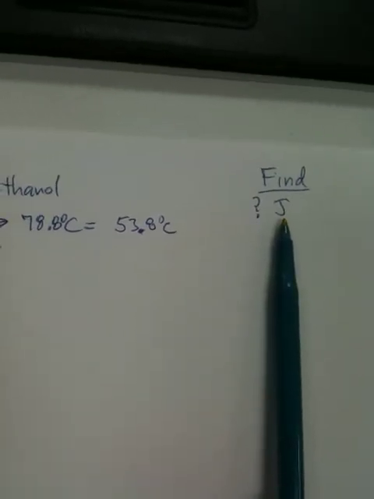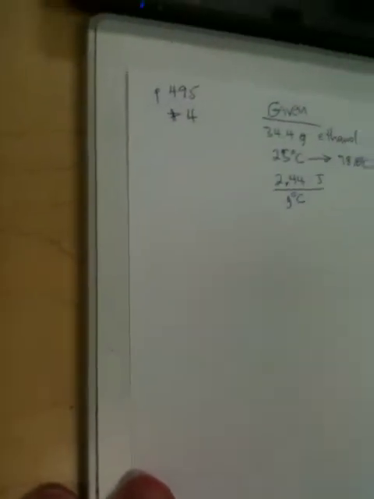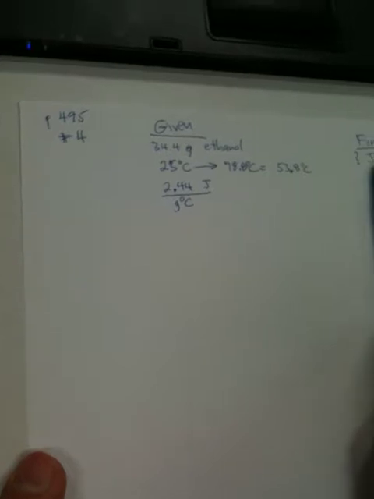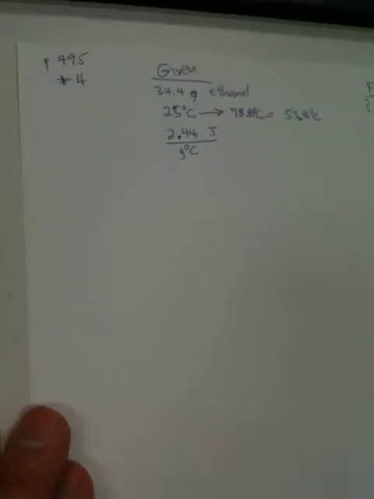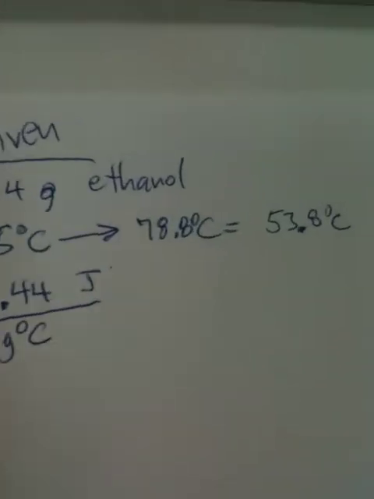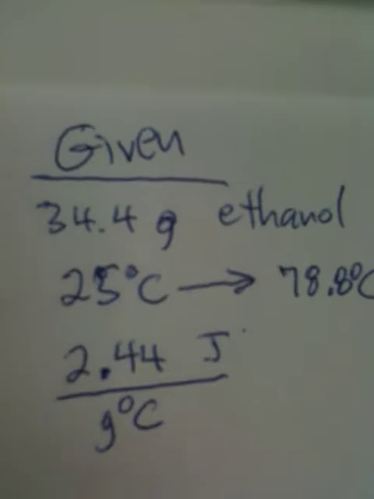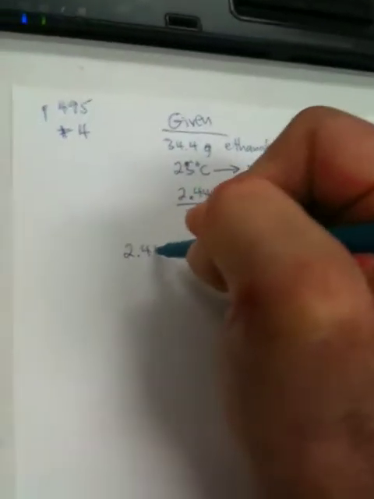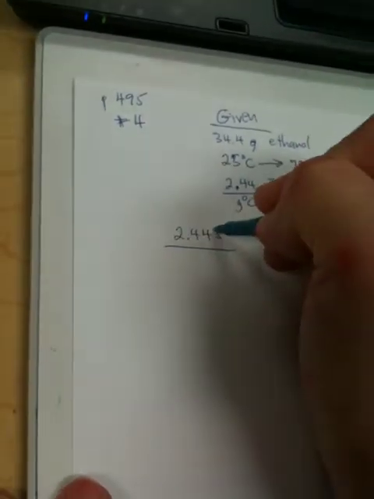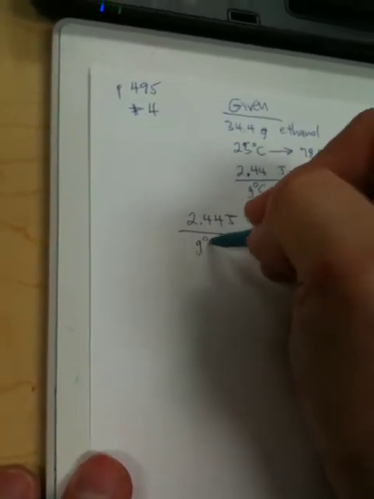Is that consistent with what we're asked to find? Look what we're asked to find. That's what goes on top. So what goes on top? Yes. 2.44 joules over grams, degrees centigrade.